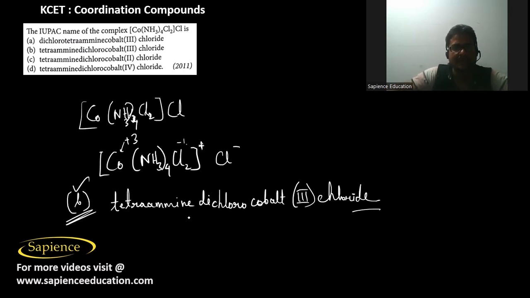Since ammine starts with A and chloro starts with C, the ammine group has alphabetical seniority, so the ammine group should be written first, and then we write the chloro group.